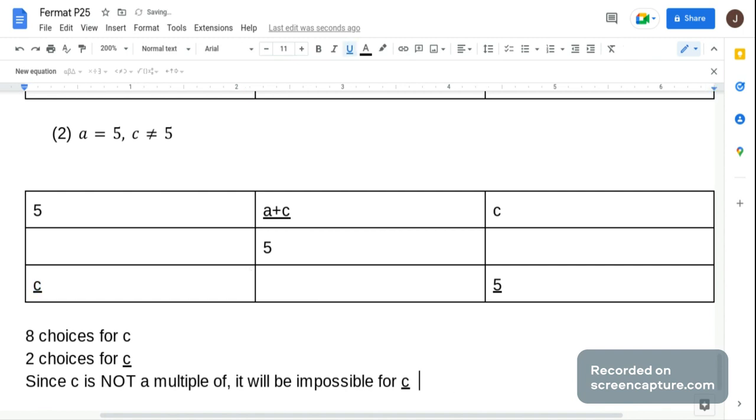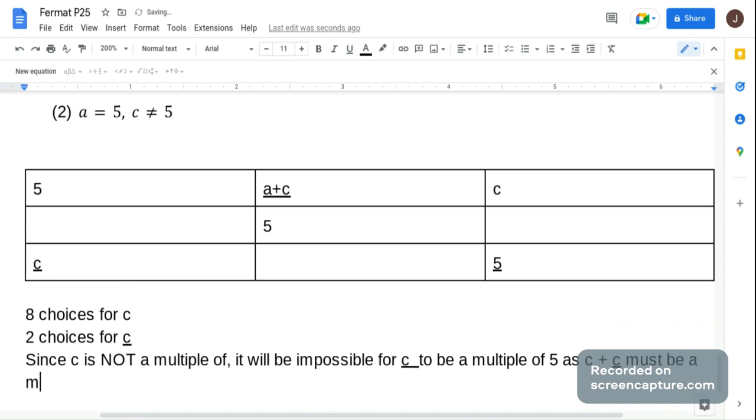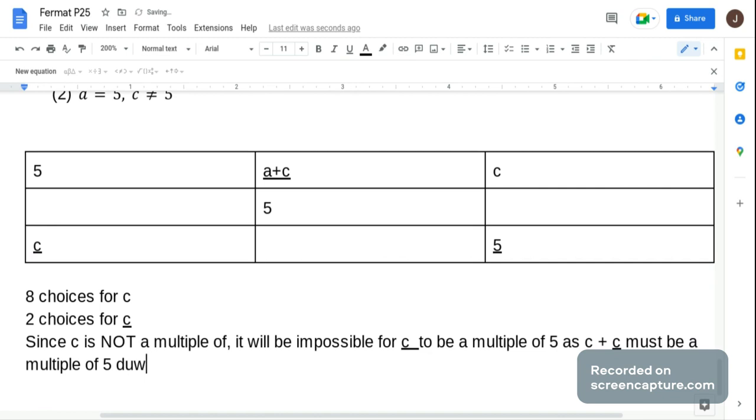C plus C must be equal to a multiple of 5 due to that. C plus C plus 5 is a multiple of 5.